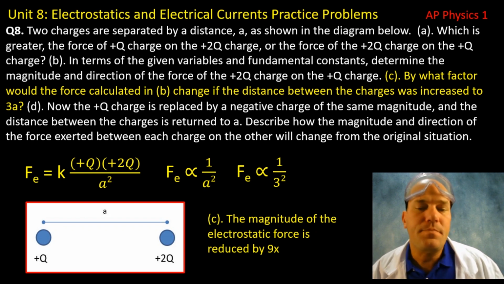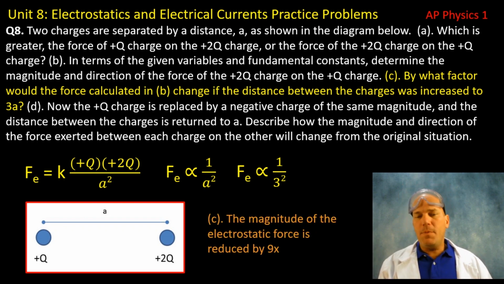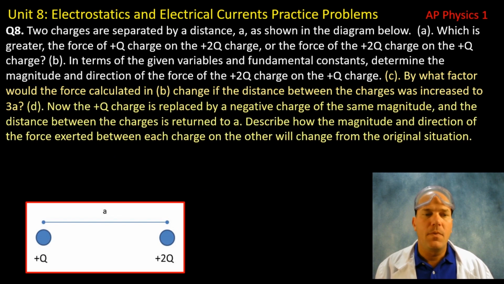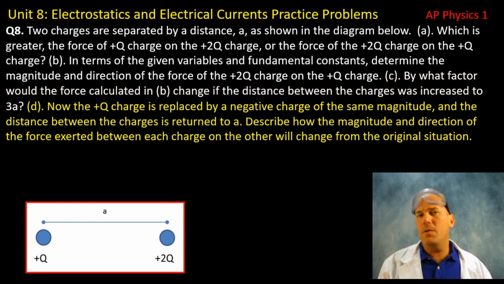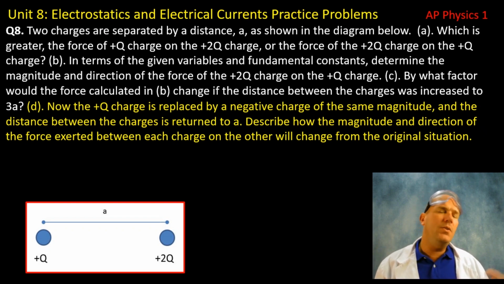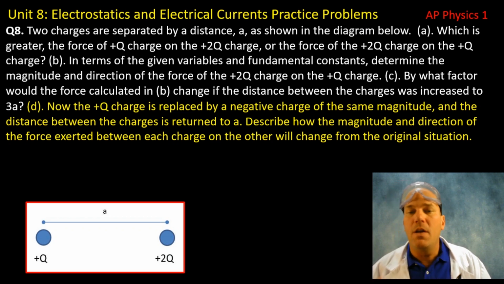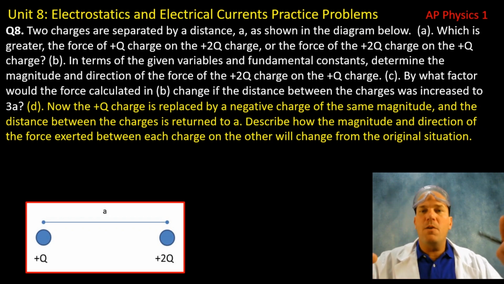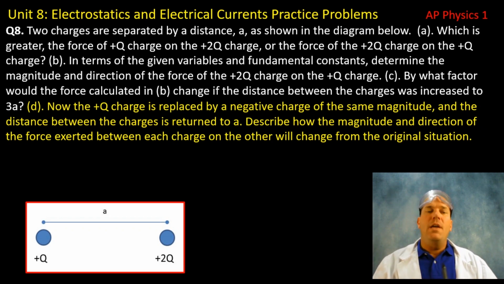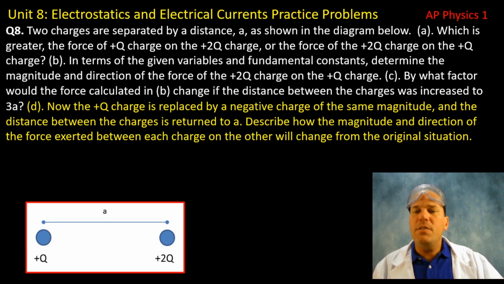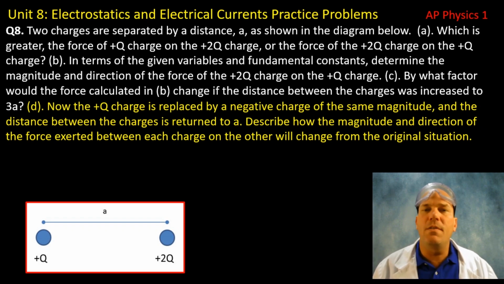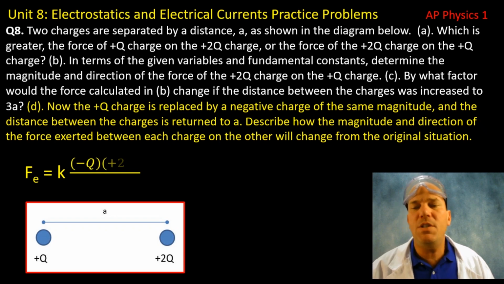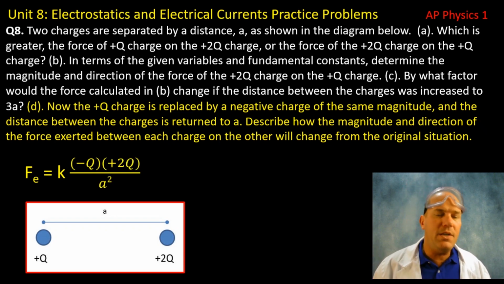In the next part of this question, we're going to answer part D and look at if the positive Q charge was now replaced with a negative Q. So we're going back to the original scenario of a distance A. Describe how the magnitude and direction of the force between these will change from the original situation.